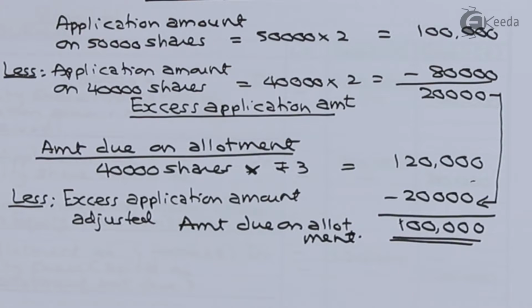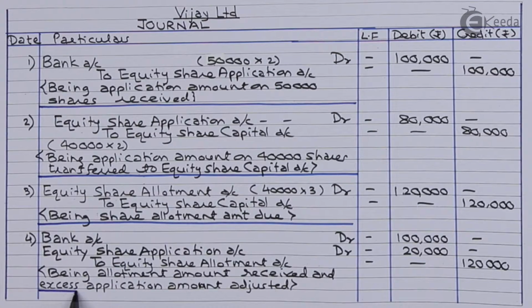Let us record the entry for this. Bank account debit 1 lakh, equity share application account debit 20,000, to equity share allotment account 1,20,000, being allotment amount received and excess application amount adjusted. With this we have completed the allotment stage.